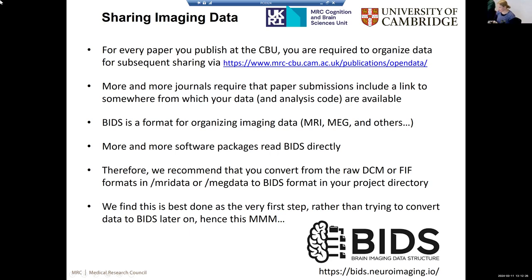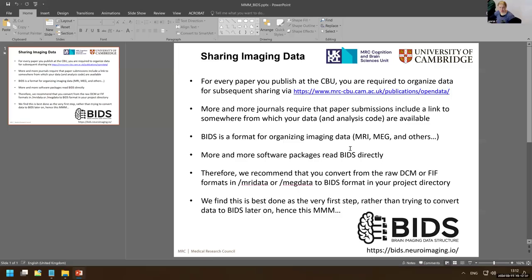Okay, so Mate couldn't make it today, but I will show also where his tutorials are, and I will walk you in more detail through tutorials for MRI data. As Rick said, Mate and I wrote some tutorials.